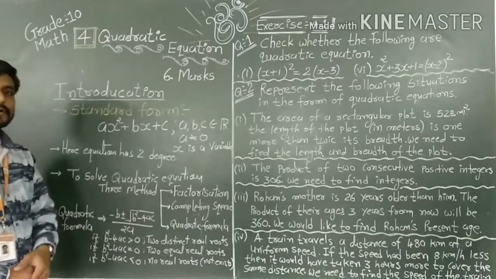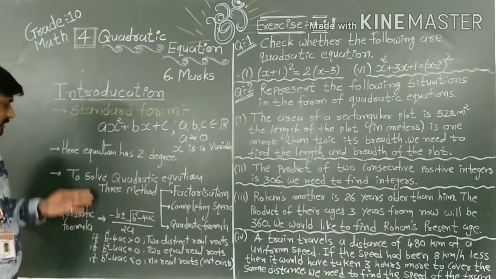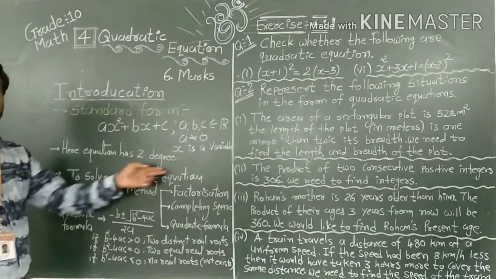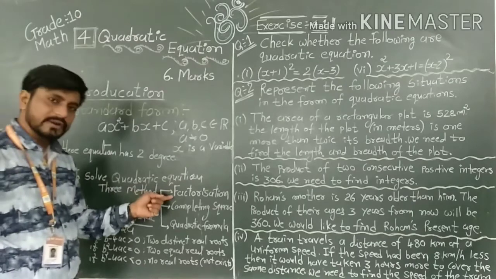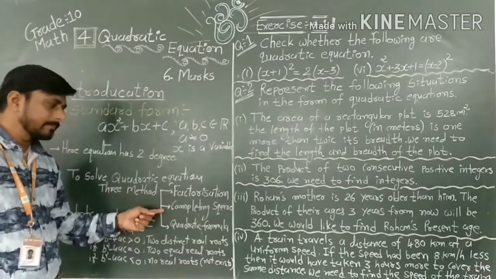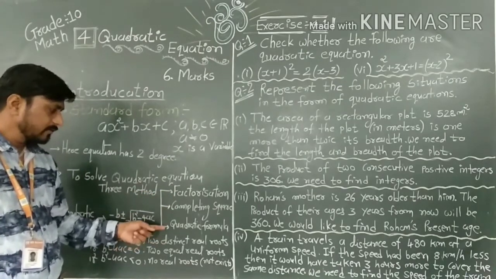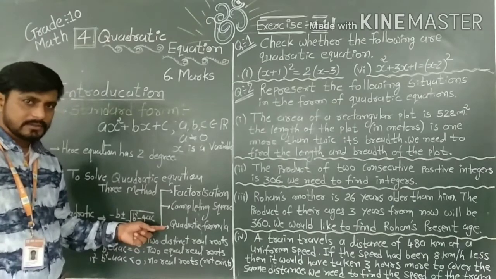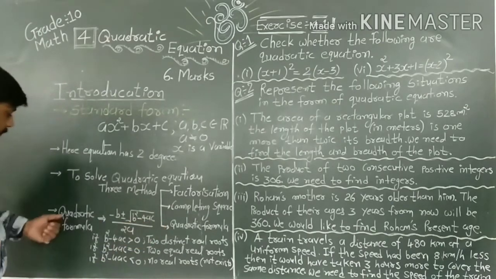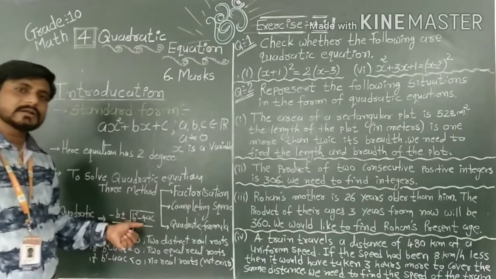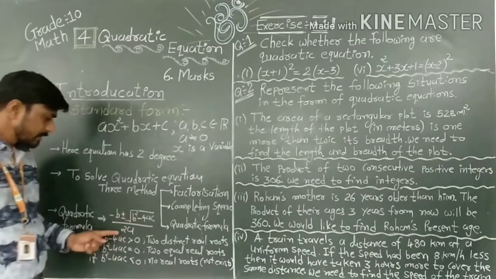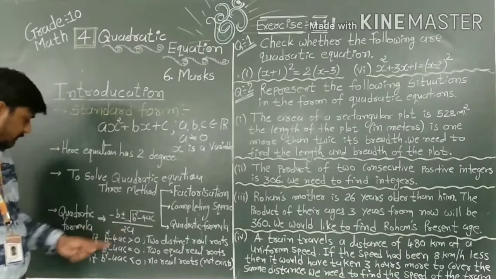Now in this chapter we learn about 3 methods to solve a quadratic equation. Which are the 3 methods? First one is the factorization method, second one is the completing square method, and third one is the quadratic formula. What is the quadratic formula? Minus b plus or minus under root b square minus 4ac upon 2a.